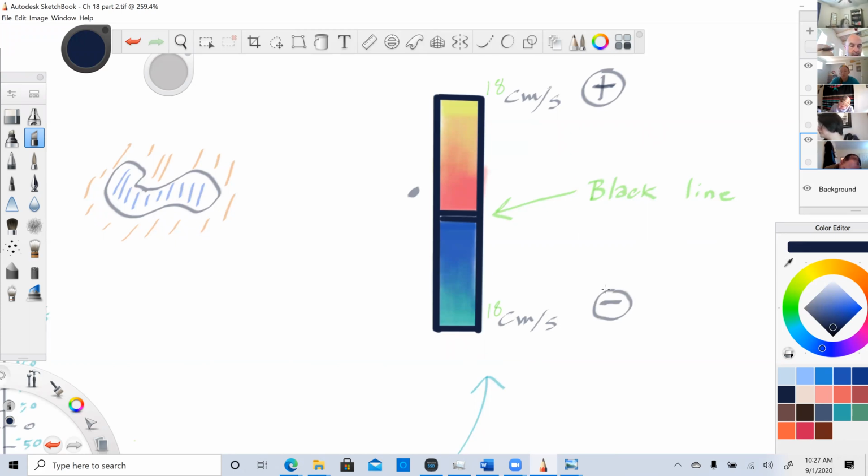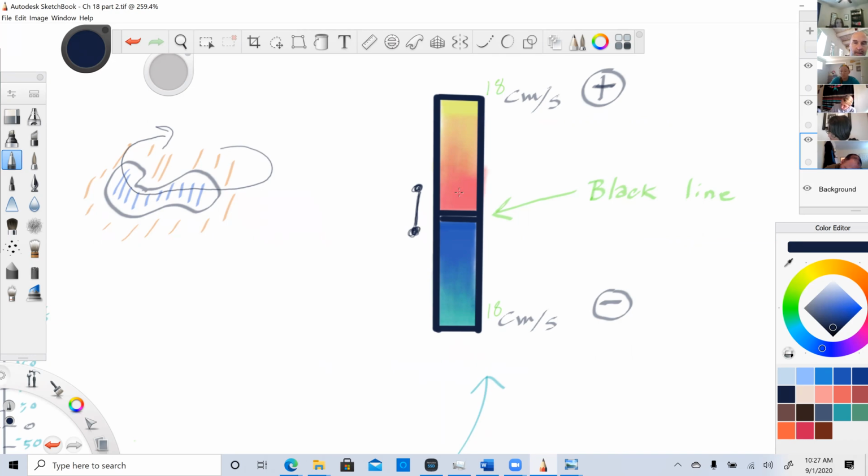So we told the computer that we want this vessel to be red. We may or may not have hit the invert button. But we have red here, and there's a reversal. It's traveling in the positive direction, but then it swirled backwards and went down to here.